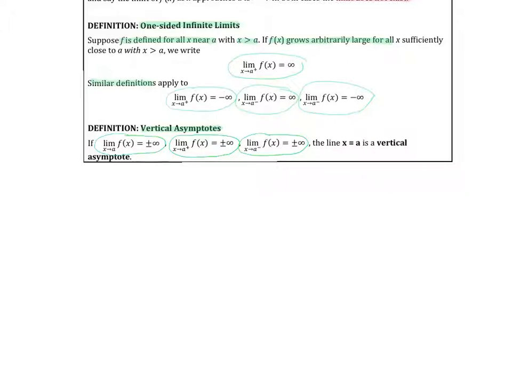If you come in from one or both sides and you get either a negative or a positive infinity, that tells you that what you have is a vertical asymptote. So if you were to write the vertical asymptote, remember it's a vertical line, so it's going to be x equal to a. It's going to be the equation of a vertical line.